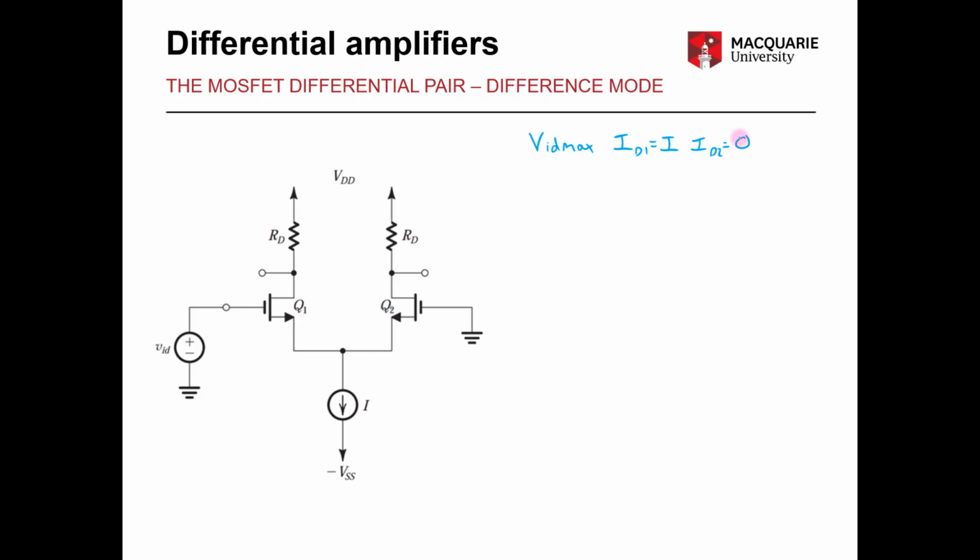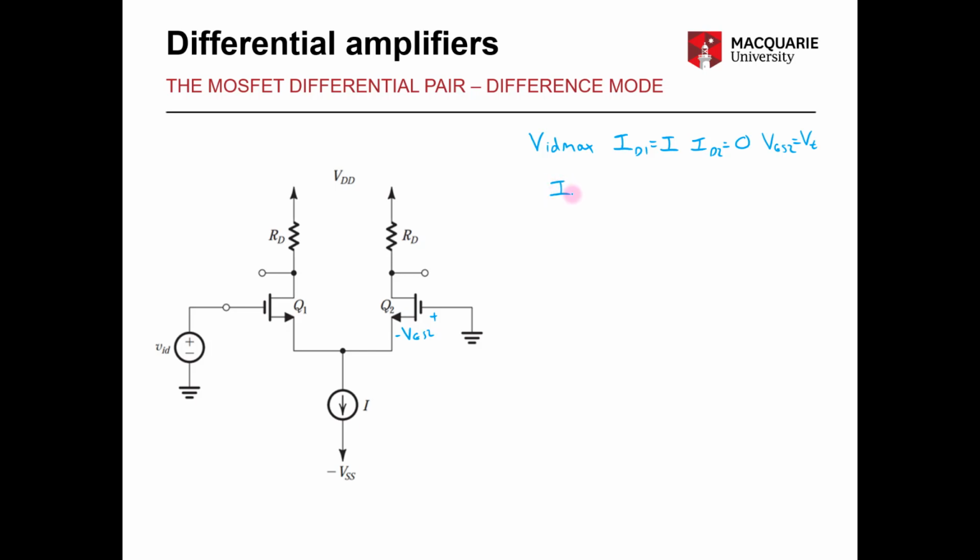And at the point where ID2 equals 0, we know that VGS2 will equal the threshold voltage VT. So there is no overdrive voltage in the second transistor, because that would cause current to flow. To work out the point at which ID1 equals I, we can use our transistor in saturation equation.